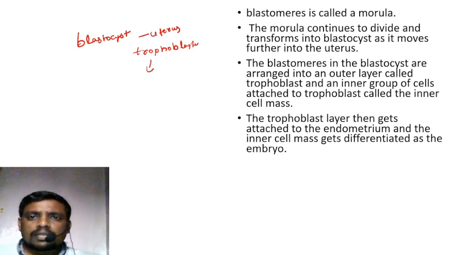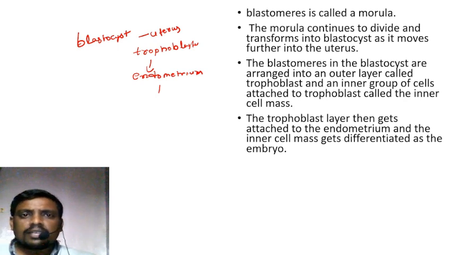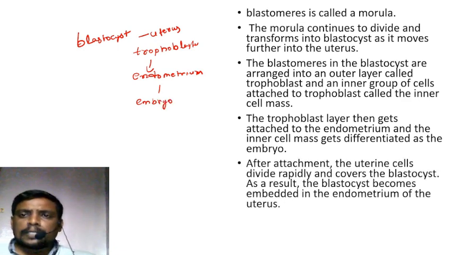The trophoblast cell layer gets attached to the endometrium of the uterus, and the inner cell mass gets differentiated as an embryo. Now, after attachment, uterine cells divide rapidly and cover the blastocyst.